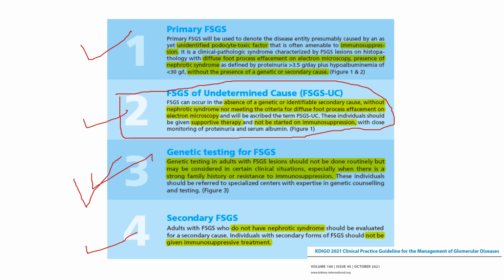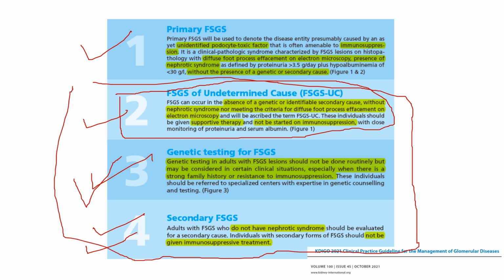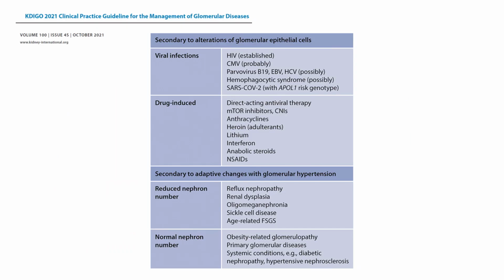The second, third, and fourth types shouldn't be treated with immunosuppression, only supportive therapy. But in primary FSGS, we can treat with immunosuppression, as we will discuss at the end of this lecture.